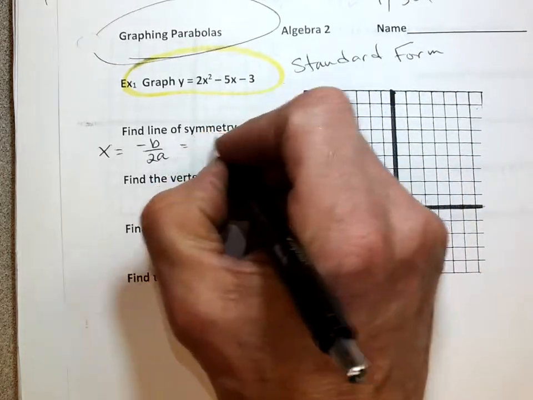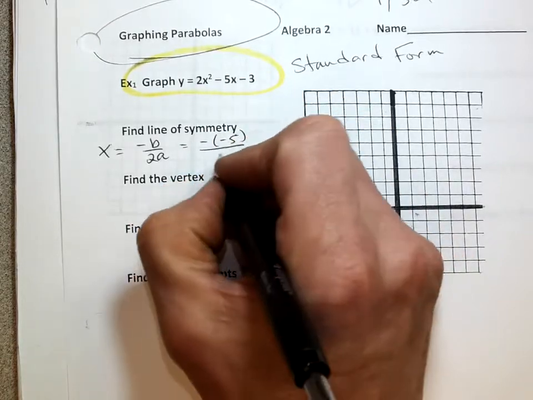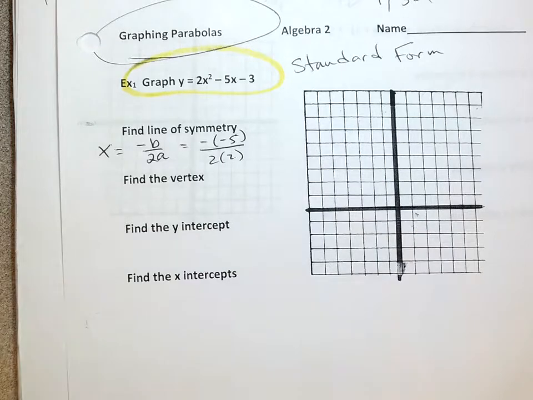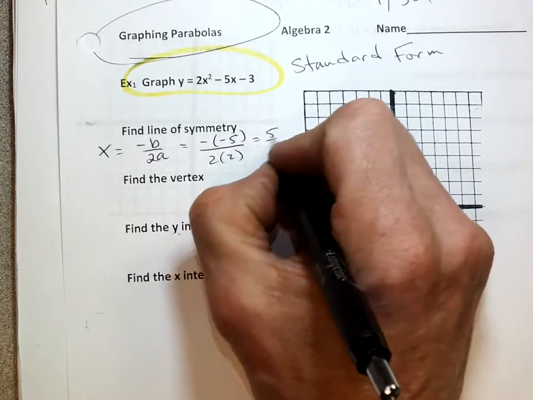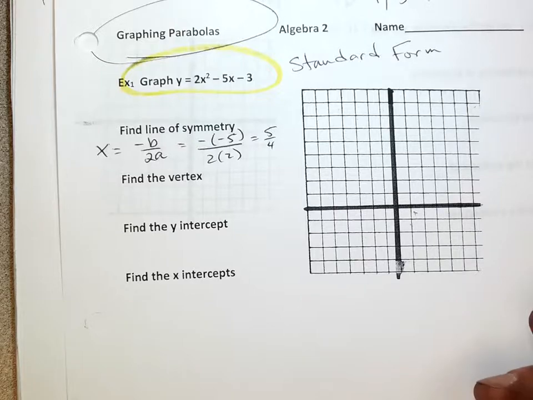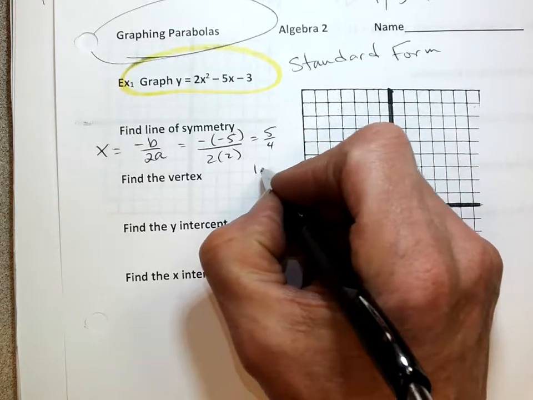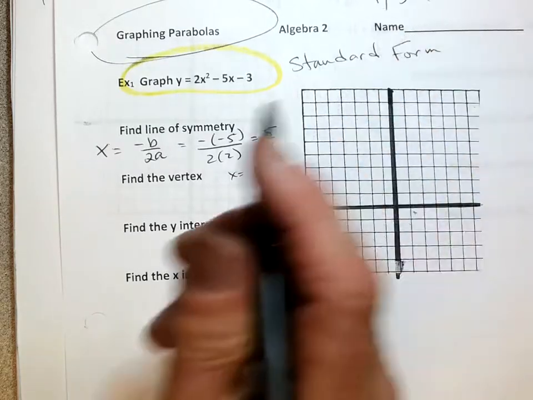So I'm going to go negative 5 over 2 times 2, which is 5 over 4. That's 1.25. It's a decimal number, but that's okay, I can deal with it.